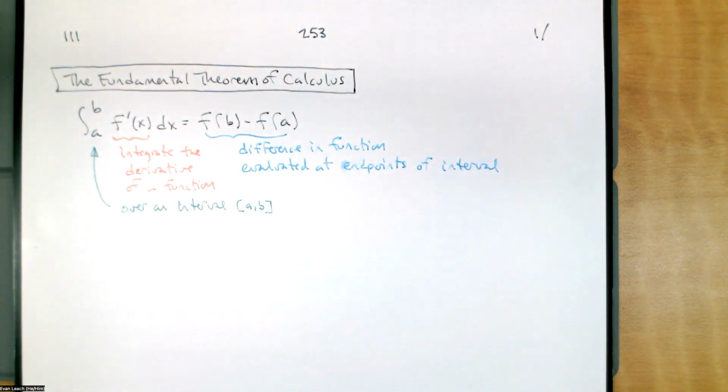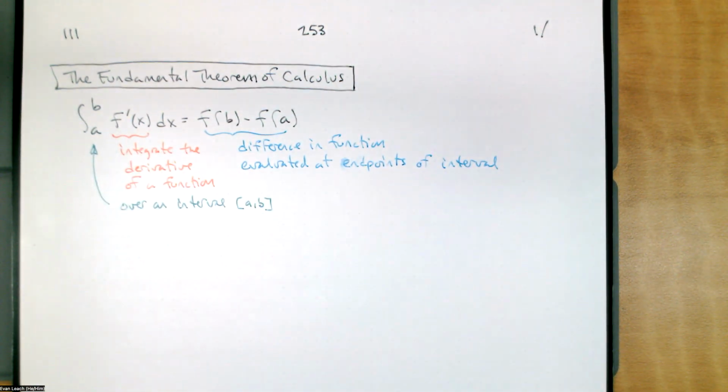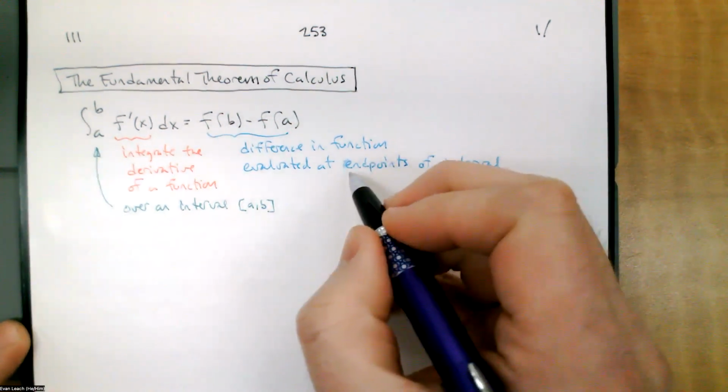When we look at that, we're calculating the difference in the function evaluated at the endpoints of the interval. Whatever is going on in between, in the interior of the interval, we care about the function evaluated at the endpoints of the interval. We're concerned with what's going on at the boundary of the interval.